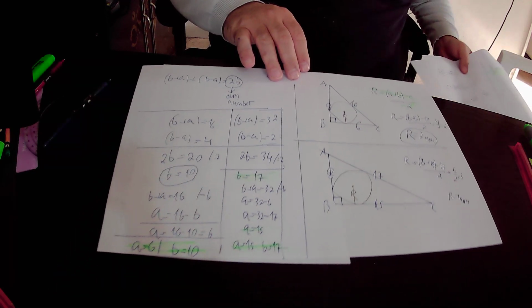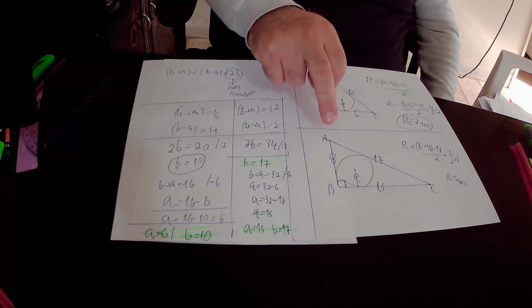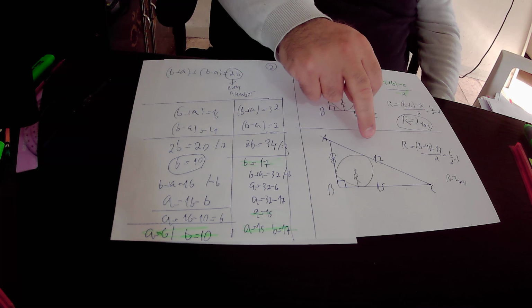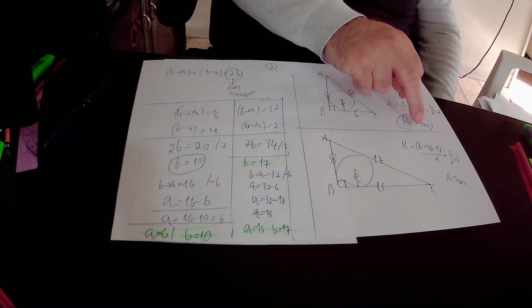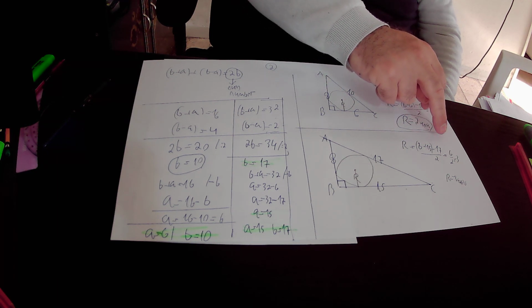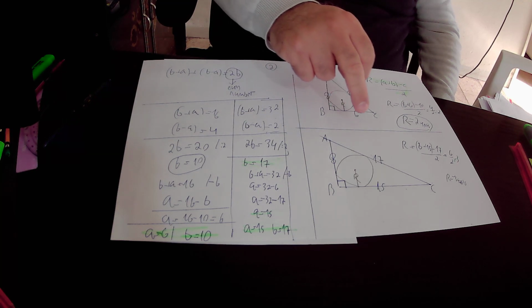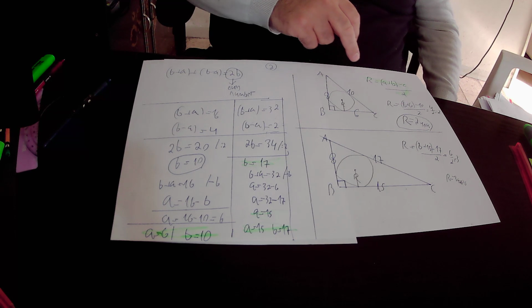And according to the second solution, the radius equals A plus B, that is 8 plus 15, minus the hypotenuse, that is 17, over 2. So 8 plus 15 is 23, and 23 minus 17 is 6, and 6 over 2 is 3. So according to the second solution, the radius of this circle described by the right triangle ABC equals 3 units.